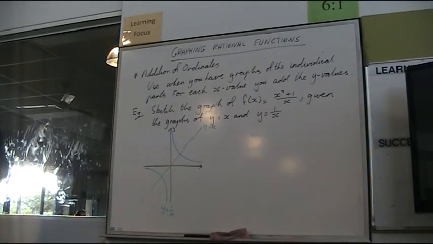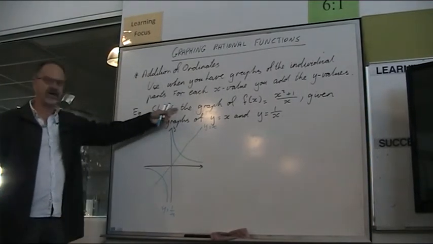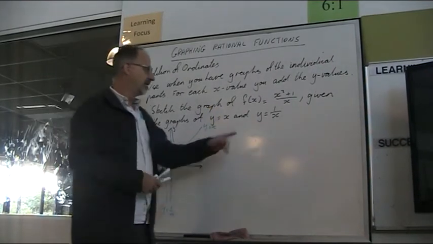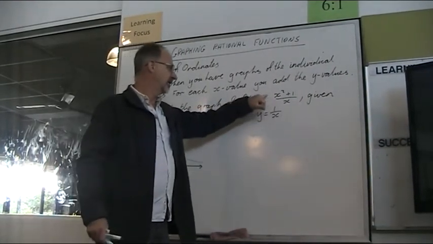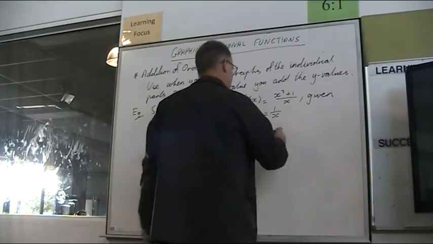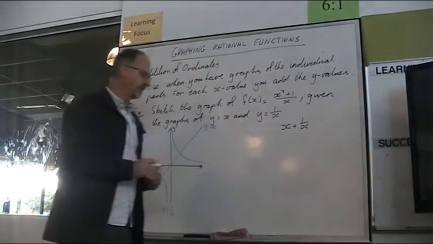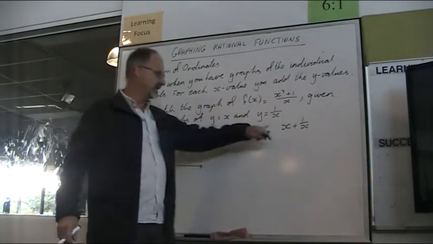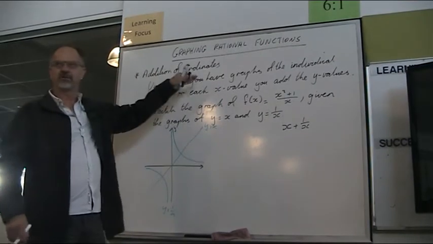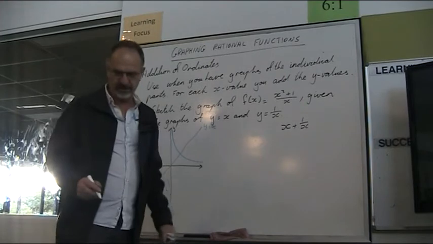Now, the part of the exam question that came before you were asked to sketch the graph was to show that x squared plus 1 over x was the same as x plus 1 on x. You were asked to show that these two things were equivalent. That was part A, and part B was to do the sketching.